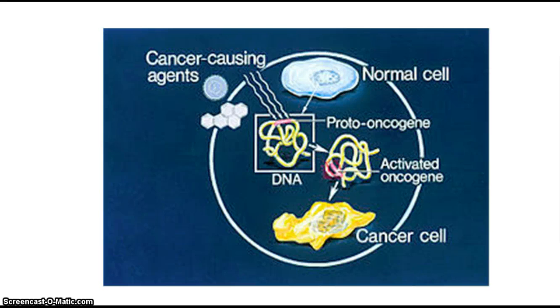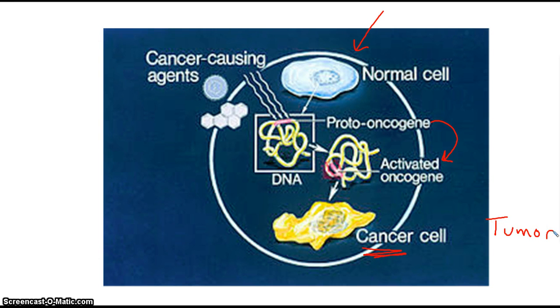So here's an example of our normal cell. If we start at the top here, now if some cancer-causing agent, ultraviolet radiation, X-rays or something, causes this proto-oncogene to become an activated oncogene, that's what causes it to turn into a cancer cell, which is going to divide out of control and can lead to a tumor.